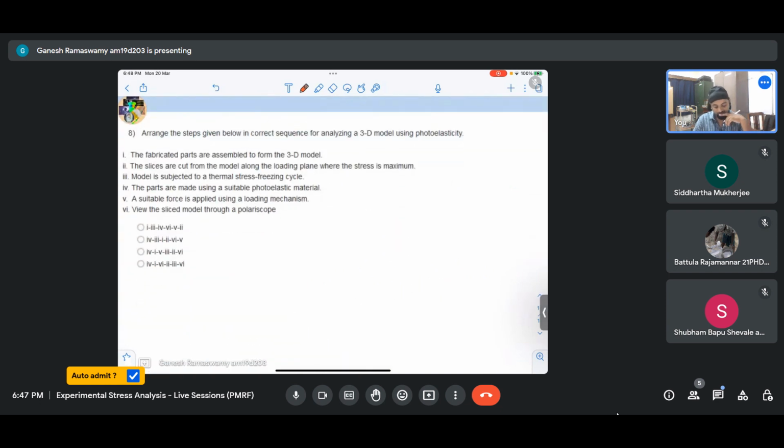Arrange the steps given below in the correct sequence for analyzing a 3D model using photoelasticity. So essentially, these are pertaining to stress freezing. In stress freezing, what we basically do is, let me explain with the example of a disk. If I were to take a disk, so this is at room temperature.